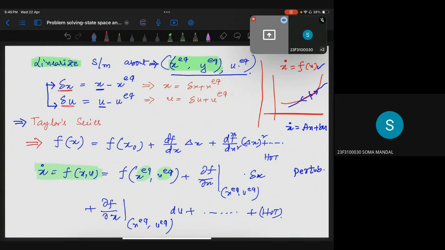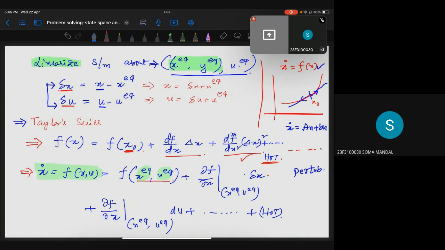The Taylor series says that with respect to the equilibrium point x naught, the total function can be written as the function value at x naught, then the first derivative, then the second derivative, and so on, the higher order terms. In place of x naught, we substitute x equilibrium and u equilibrium. We consider up to the first order derivative only. We will omit all the second order derivative terms.